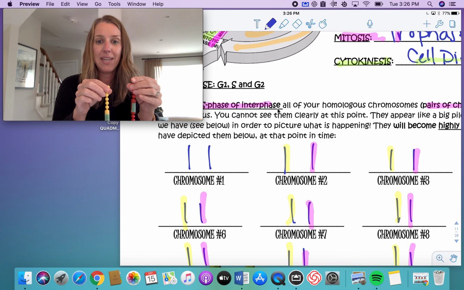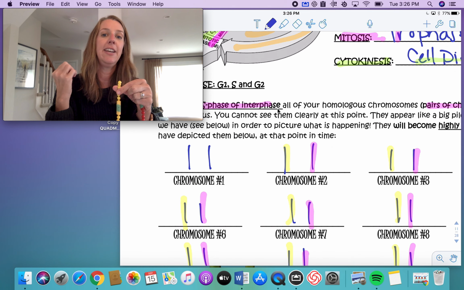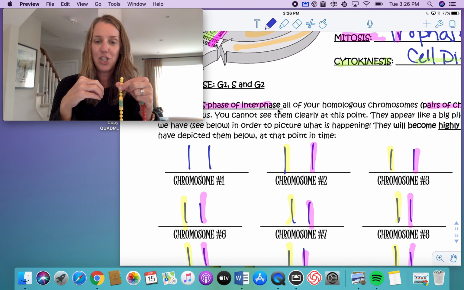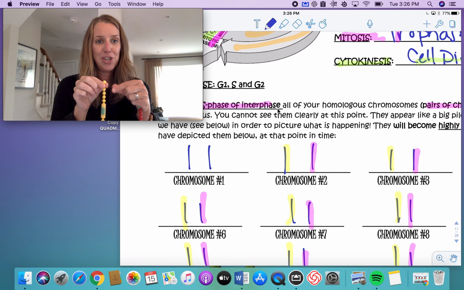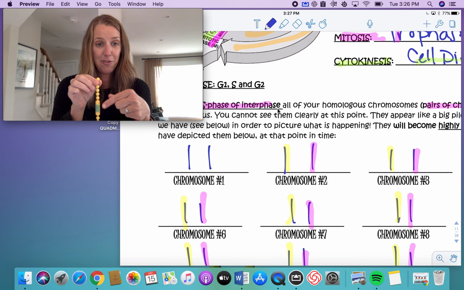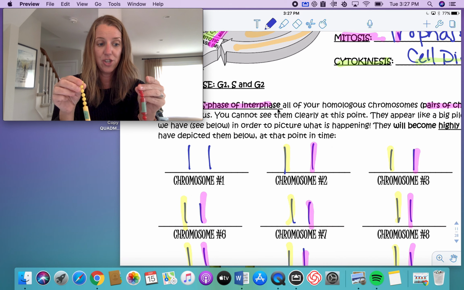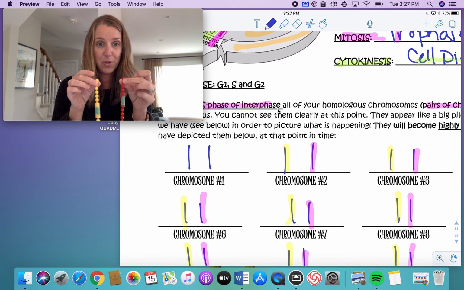Now, that means, for example, if the color of your eyes is written on chromosome number 1, you get information about your eye color from the egg, and you get information about eye color from the sperm. You get two chromosomes because you have two chromosome number 1s inside of your cell.